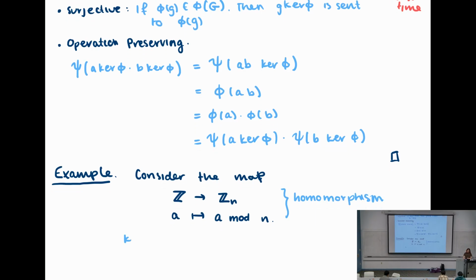And the kernel is equal to numbers that are divisible by n.